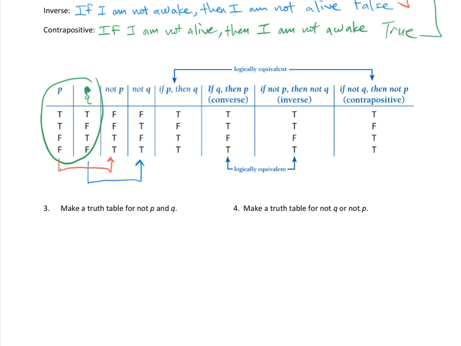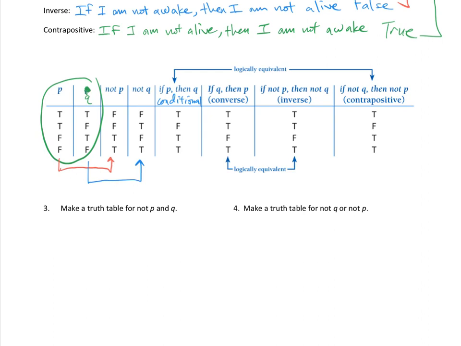Then you can see we have the conditional here. Conditional. We have the converse, we have the inverse, and we have the contrapositive, and with the logical equivalence of each.